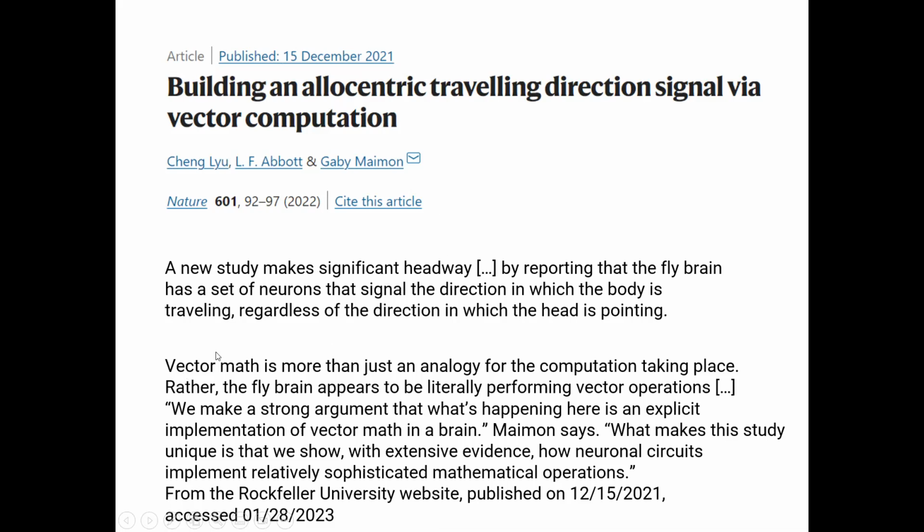And how is this done? This is vector math. So here you can read, vector math is more than just an analogy for the computation taking place. Rather, the fly brain appears to be literally performing vector operations. We make a strong argument that what's happening here is an explicit implementation of vector math in a brain.